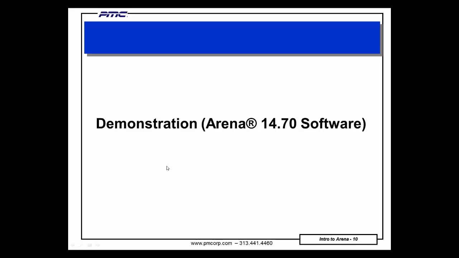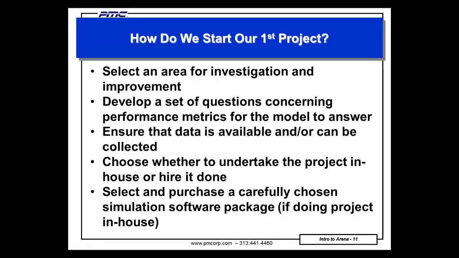Will a new configuration of a production line permit reducing buffer capacities, there are your maximum queue lengths, from 20 to 15? Will a new piece of equipment for the X-ray room, plus one more part-time staffer, reduce the average waiting time of doctors and patients for X-ray results by 20%?